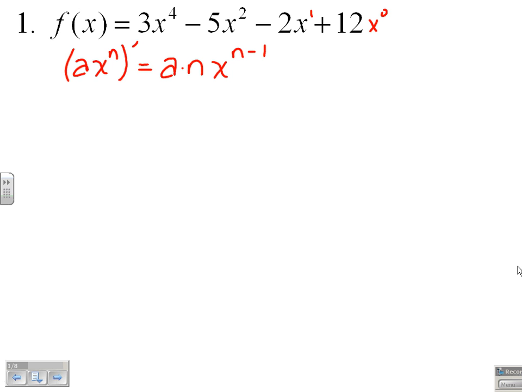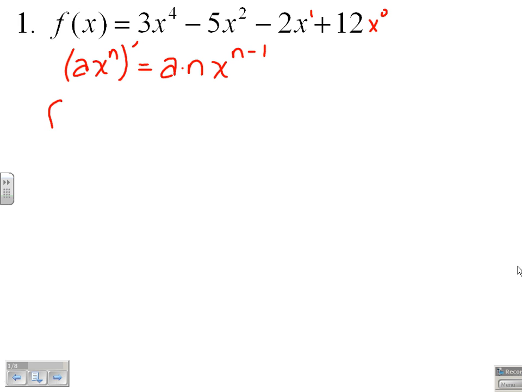One nice thing about derivatives is derivative processes are distributable over addition and subtraction. So when I'm finding the derivative of this quadrinomial, I'm in effect just finding 4 different simple little derivatives.